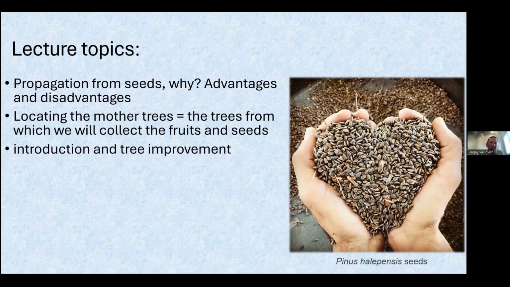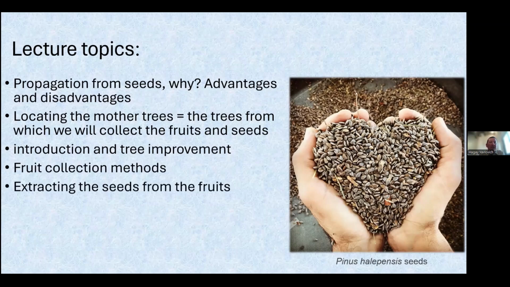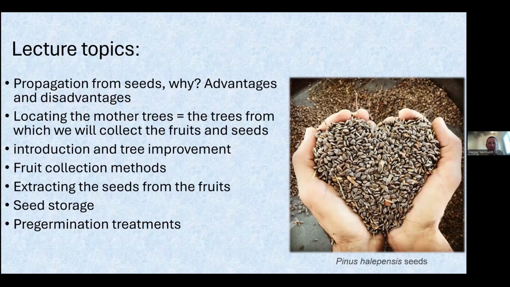And we will speak about fruit collection methods, how to do it. We will speak about how to extract seeds from the fruit, about seed storage, and pre-germination treatment. It's very important. Sometimes people forget to do it, and then you just sow a stone, because if you don't make the pre-germination treatment, the seed will not germinate.